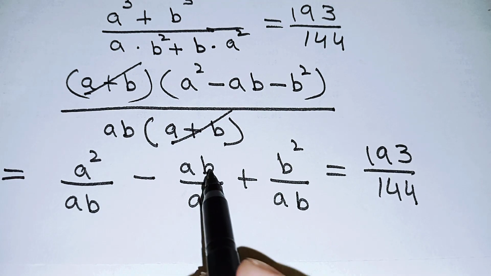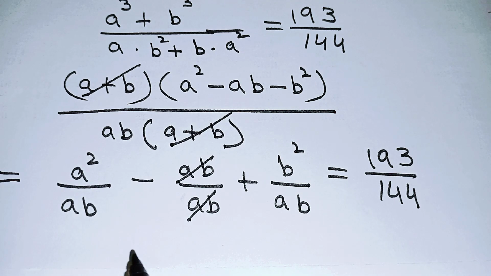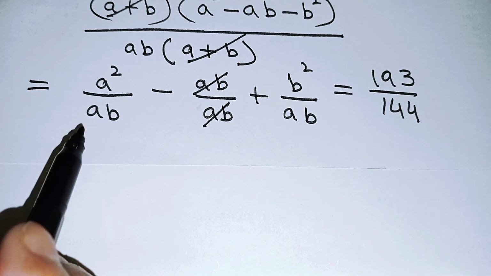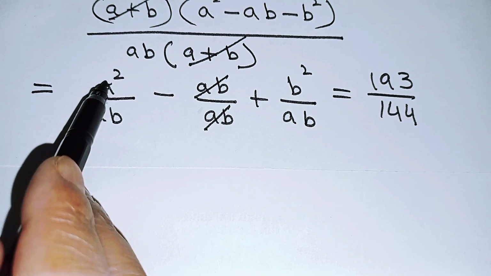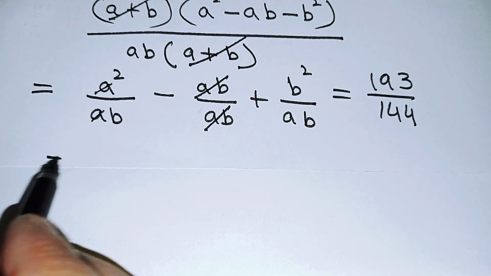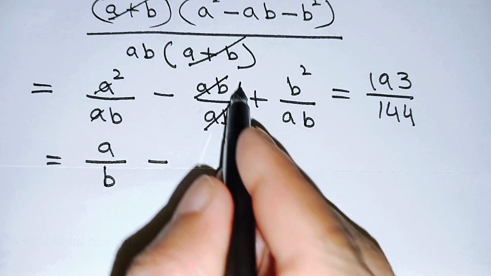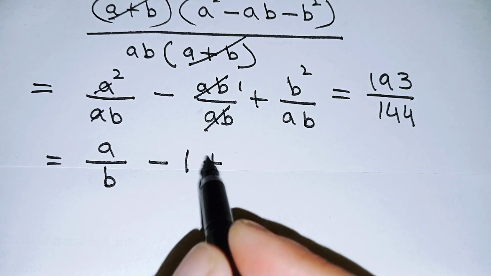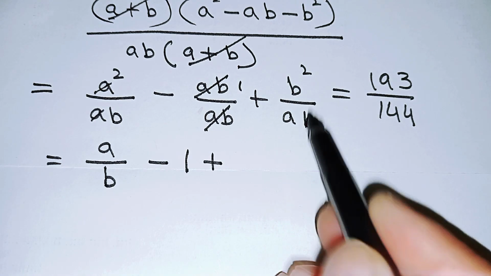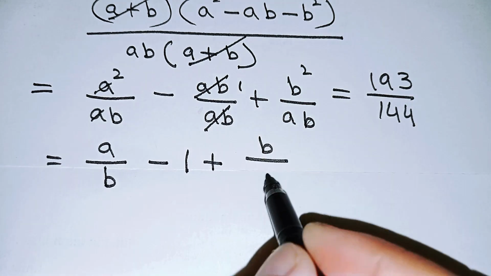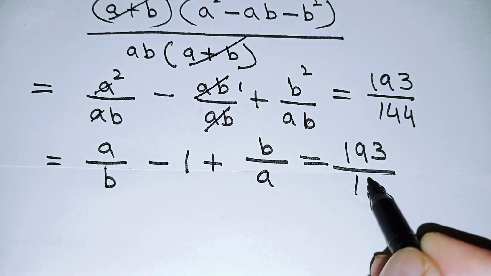Here the ab cancels out, and one a cancels, so we remain with a over b, then minus 1, plus b over a, which is equal to 193 over 144.